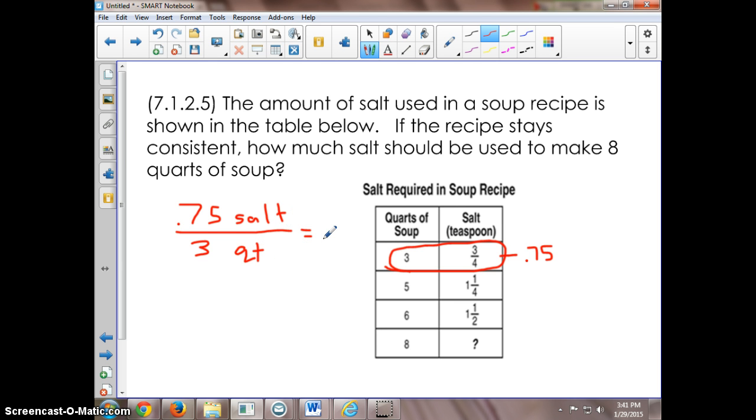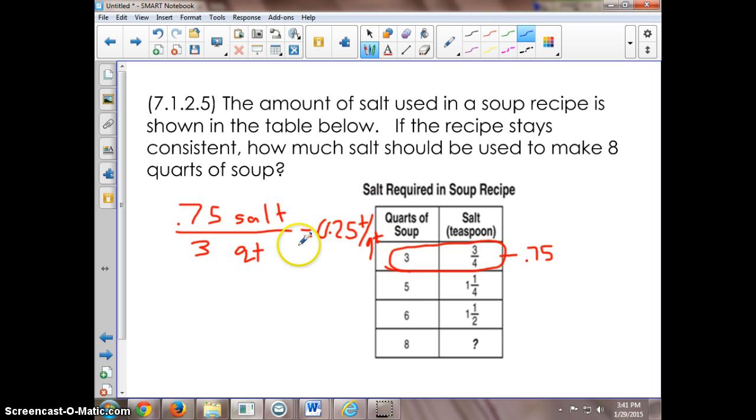So if I use my calculator to divide this, or we could write that as a fraction and talk about multiplying by the reciprocal, I find out that there is 1/4 teaspoon per quart of soup.